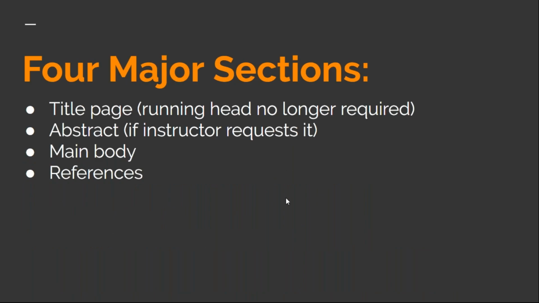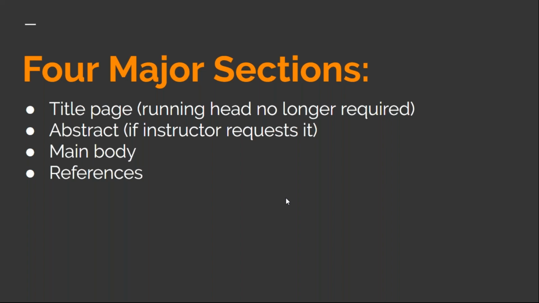All right, so an APA paper needs to have 4 major sections. If you have experience with MLA in the past, which is what most incoming students have used in high school or otherwise, you didn't have to make a title page. You just started writing your paper on the first page. So APA does require a title page. However, the 6th edition has been updated by the 7th edition, and the running head on the top left is no longer required in APA.